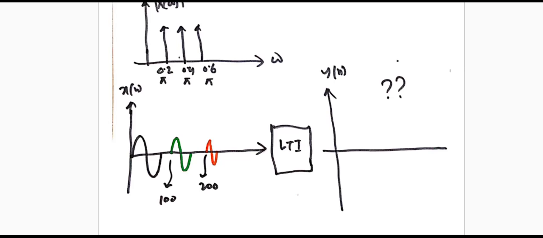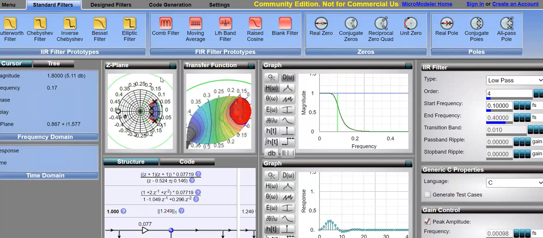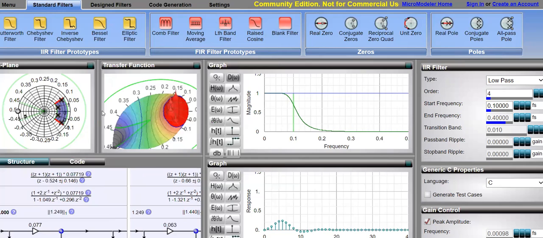Probably that would be the fastest way to see that. Okay, so we have already talked about this software. Let me prepare this one for our purpose.